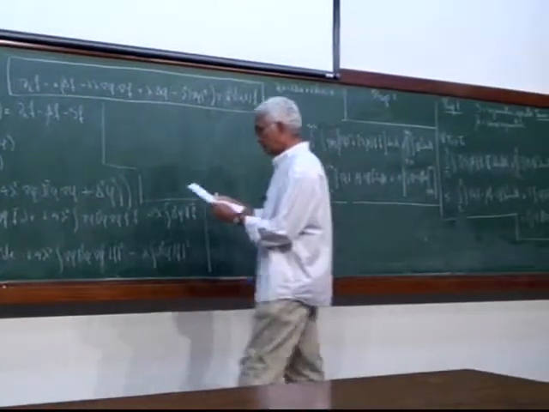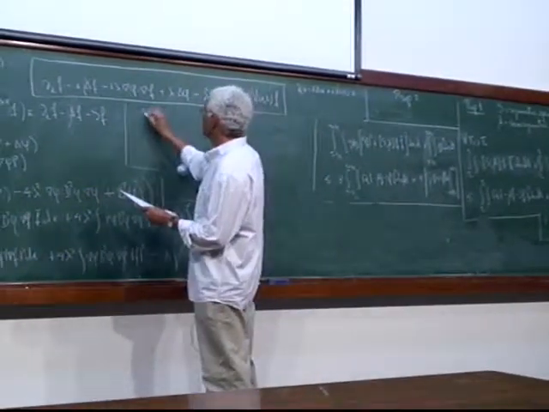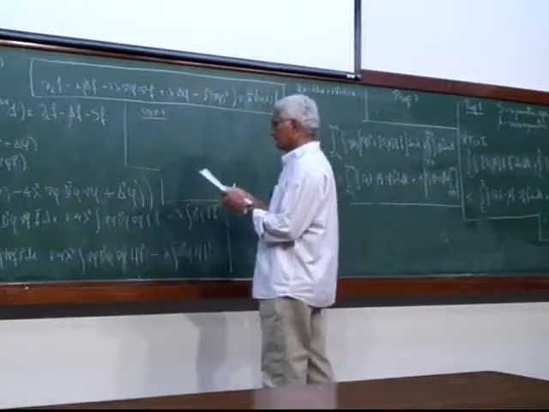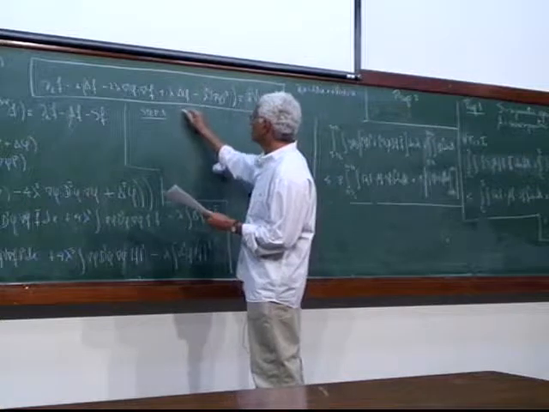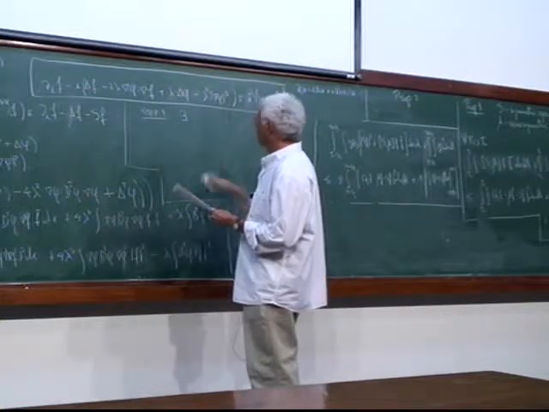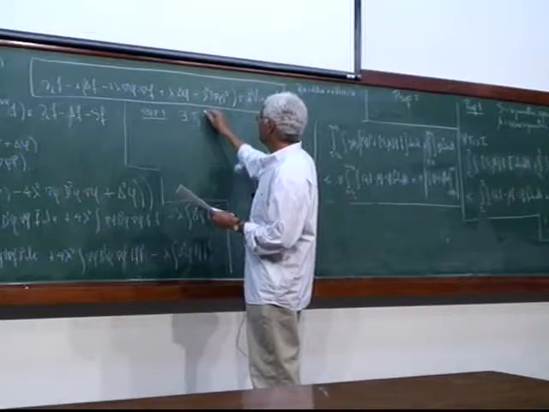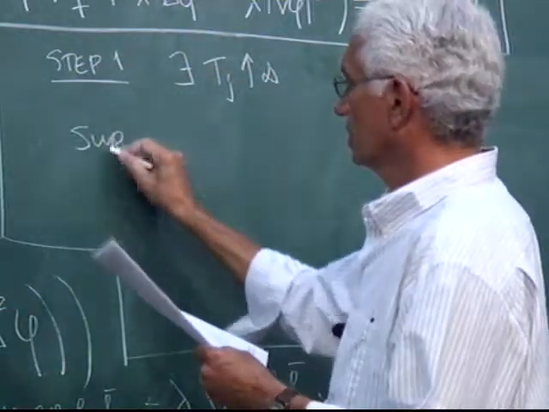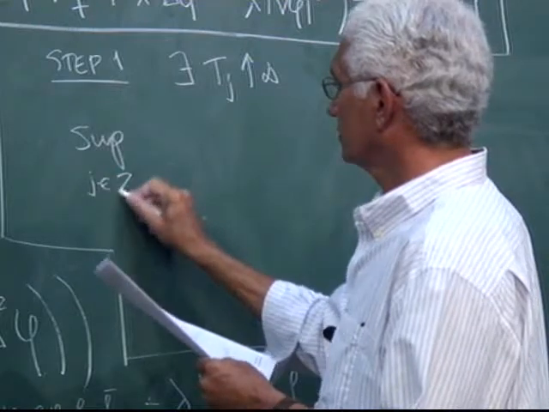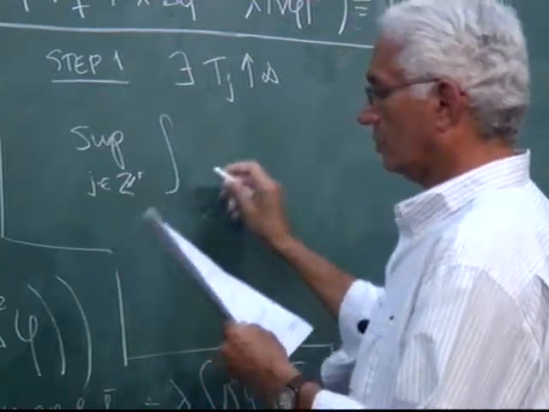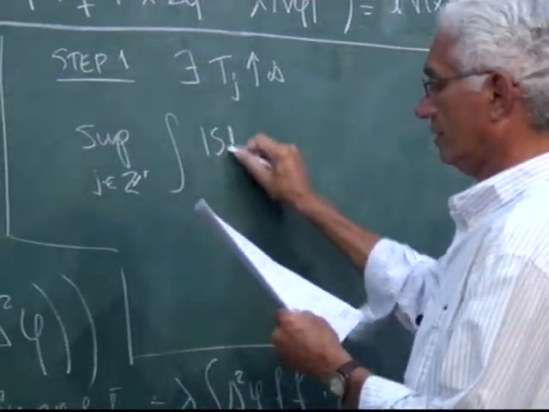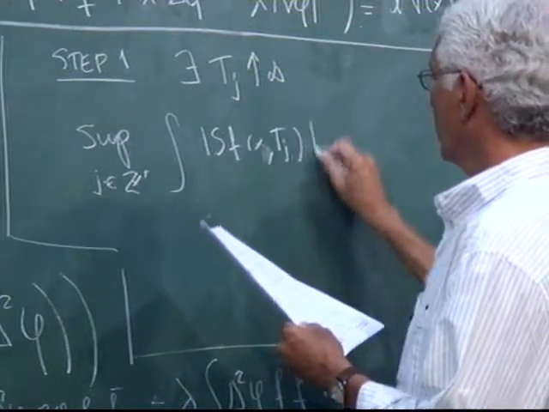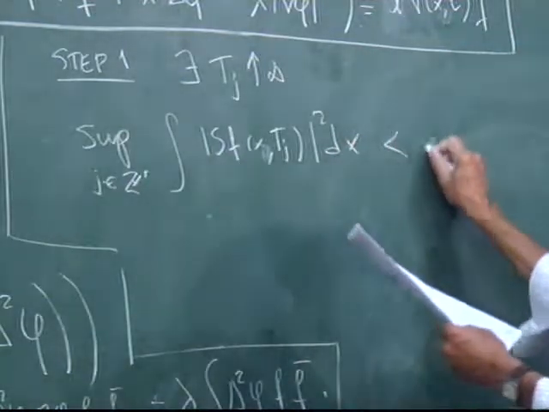Okay. Step 1 of the proof: we are going to prove that there exists a sequence of times that goes to infinity such that the supremum in J of this S of f of x, dj square dx is finite.